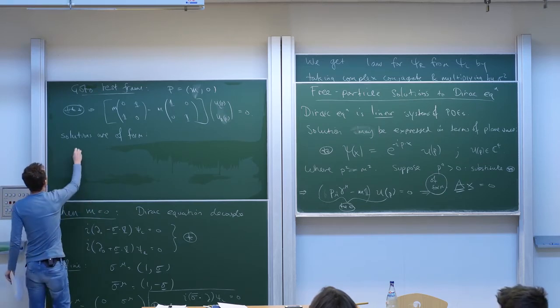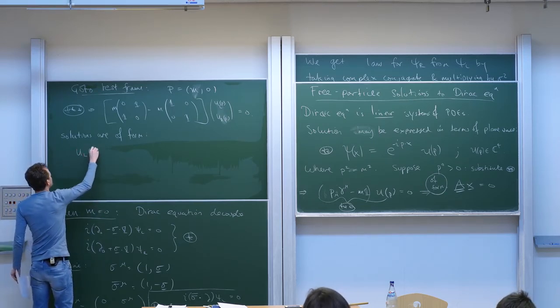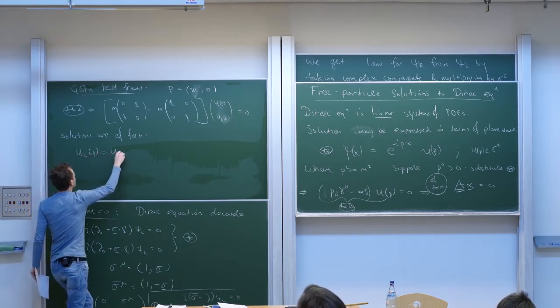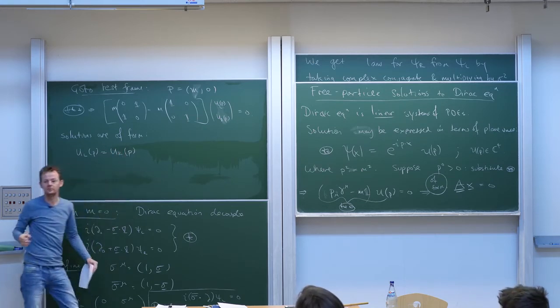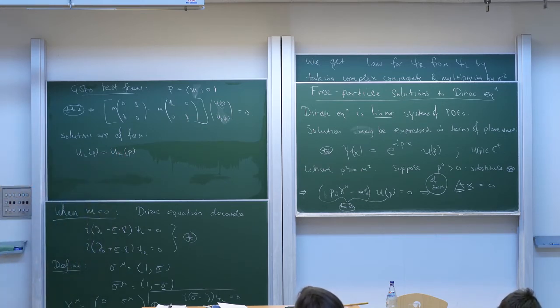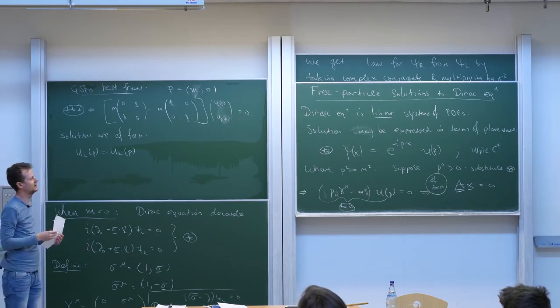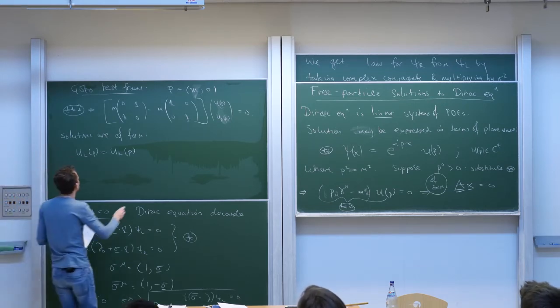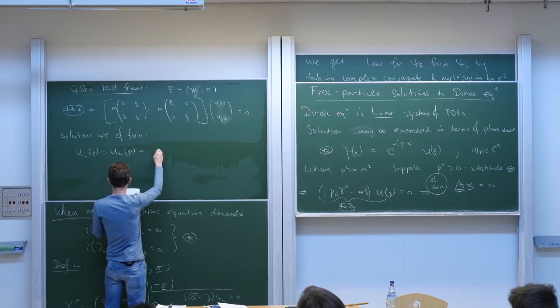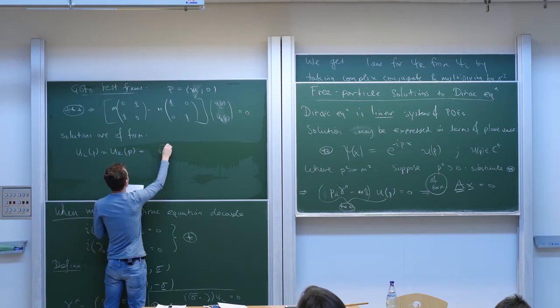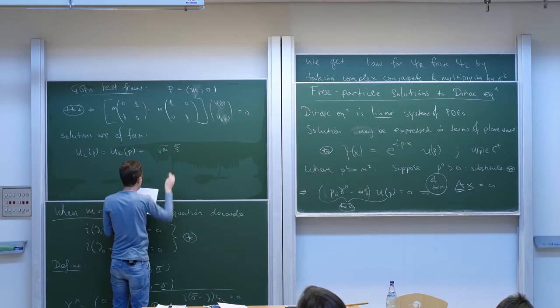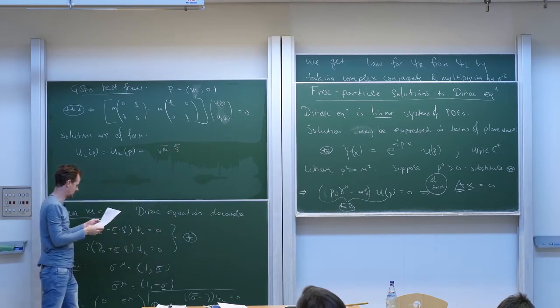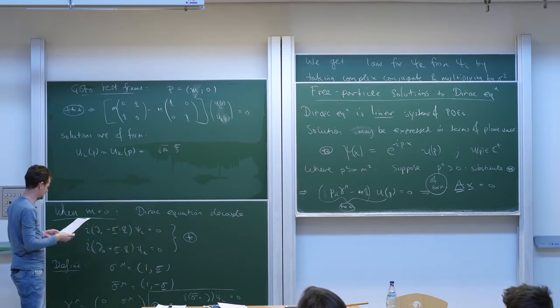And those are the solutions of the form U_L of P equals U_R of P. So these 2-dimensional complex Weyl spinors are equal to each other. You can see that is annihilated by this equation. And they're of the form root m times xi, where xi is some fixed vector.